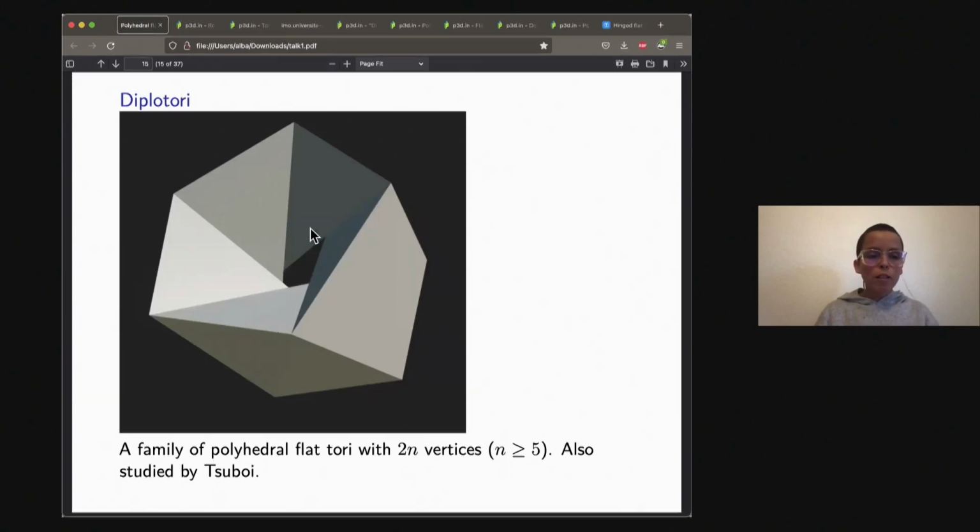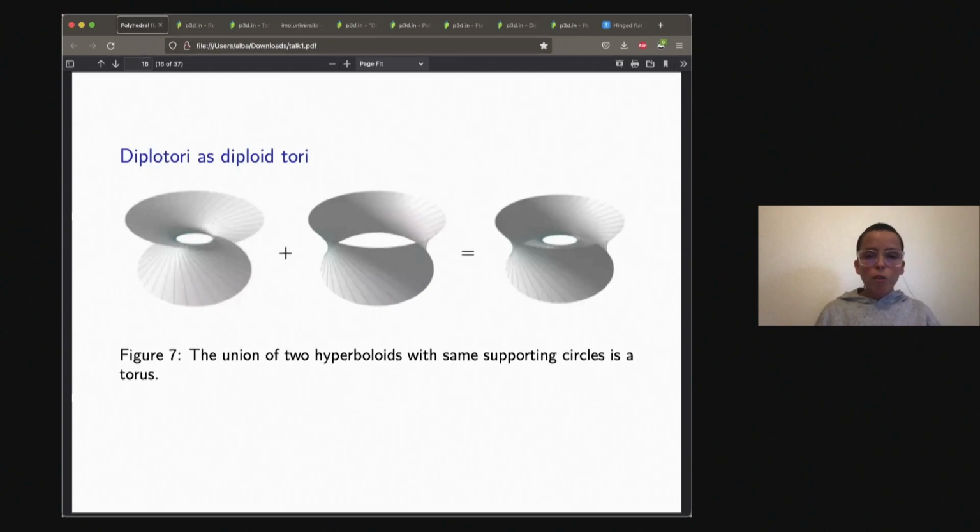With my colleagues, Pierre and Samuel, we have studied this family of polyhedral flat tori with 2n vertices, with n being at least 5, so at least 10 vertices. This family has also been independently studied by Tsuboi. To understand how these tori are made, think about a hyperboloid.